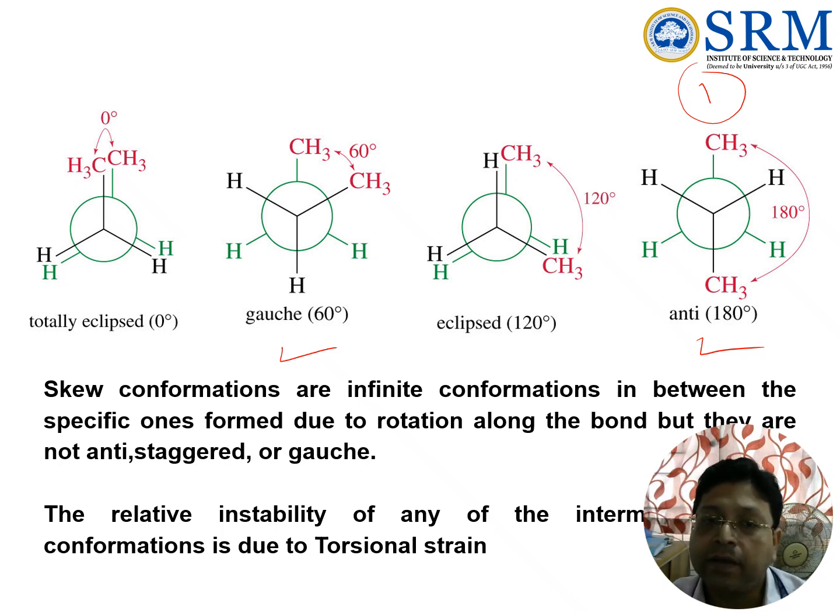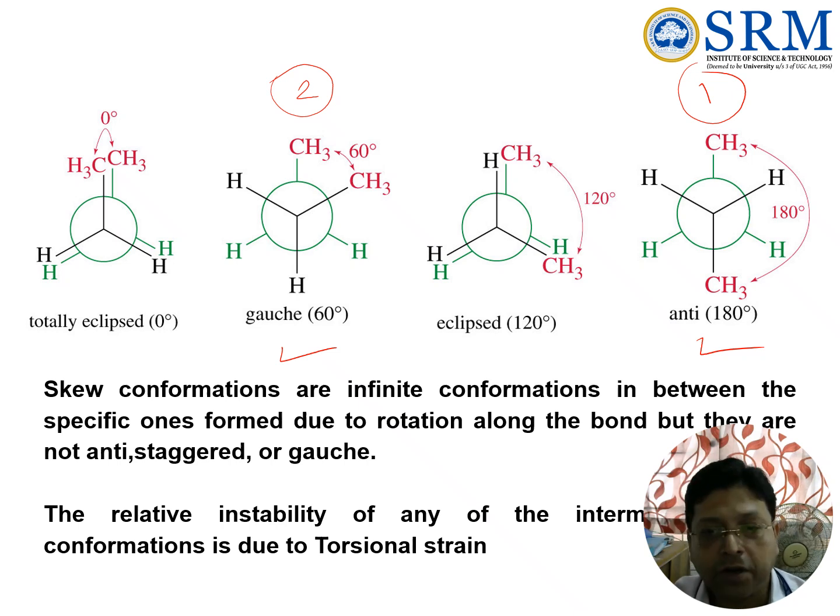Next is Gauche. We can put it as number 2. This is staggered. Somehow the repulsion is reduced, and at the same time, because of the dihedral angle, some sort of repulsion exists because of the close proximity. So the order of stability is 2.